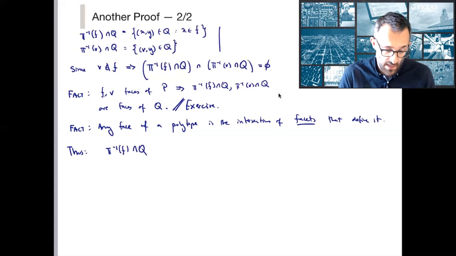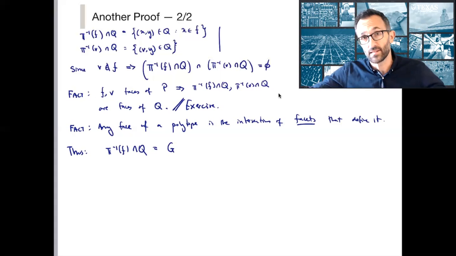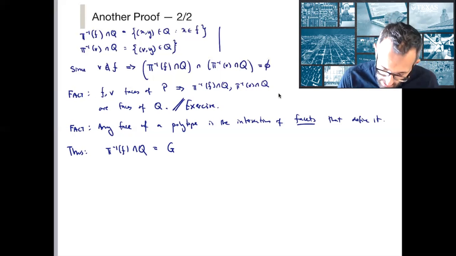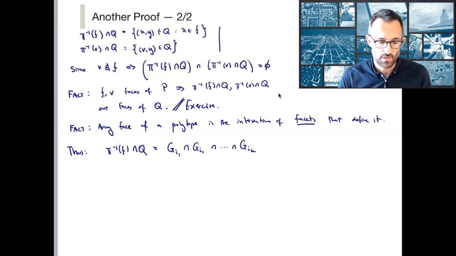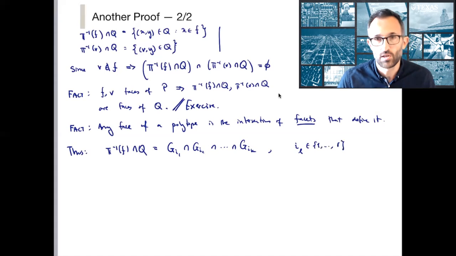And since it's a face, it's the intersection of some of the facets of Q. We said Q has r facets, g1 to gr. π inverse f intersect Q is the intersection of some of those, say g_{i1} and g_{i2} up to g_{ik}, some k of them, where each i_l is an element of 1 to r. These are the g1 to gr facets.